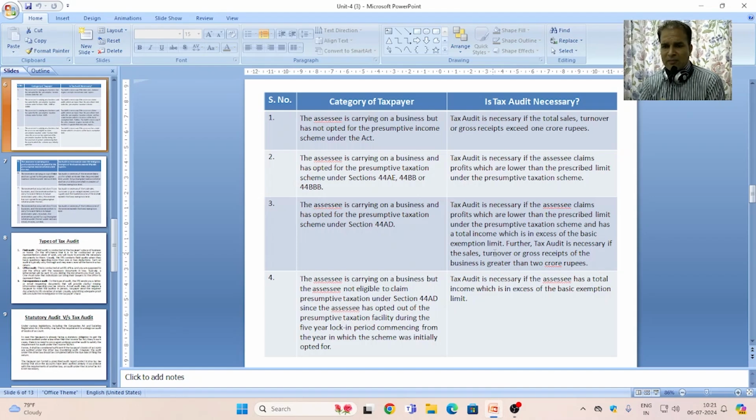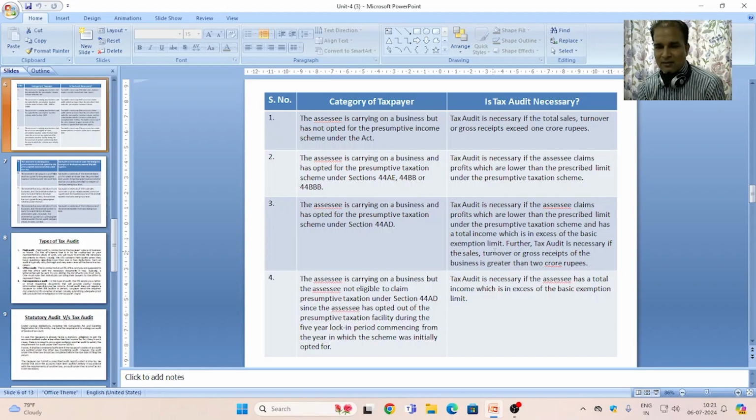Presumptive income scheme means the taxpayer is not liable to calculate his income, expenses, relief, deductions, etc. under the Income Tax Act. Under Section 44AD, the presumptive taxation scheme was introduced to provide relief to small businessmen or small professionals.